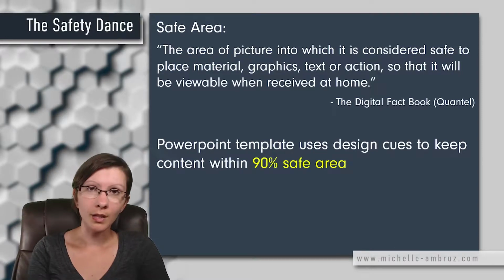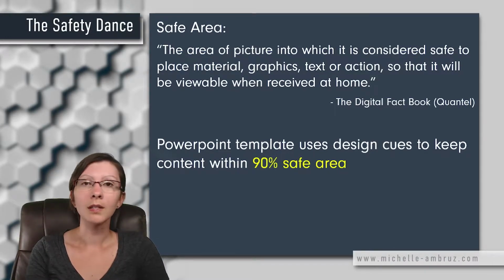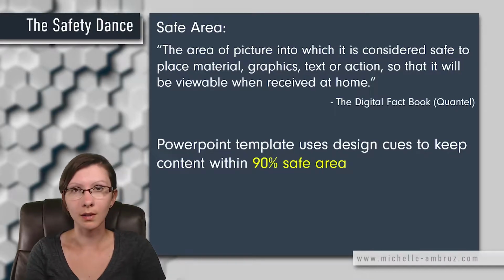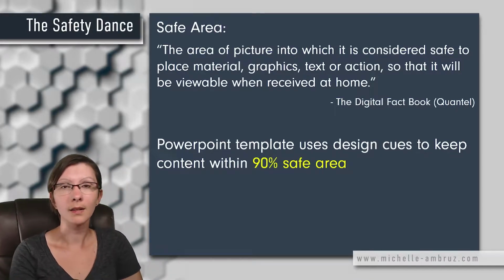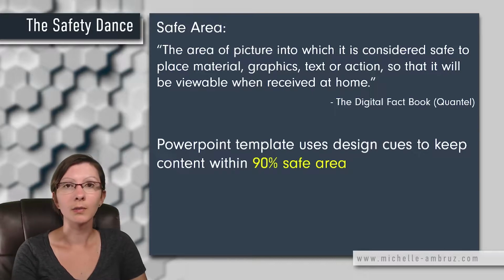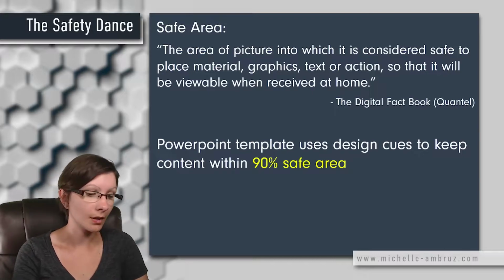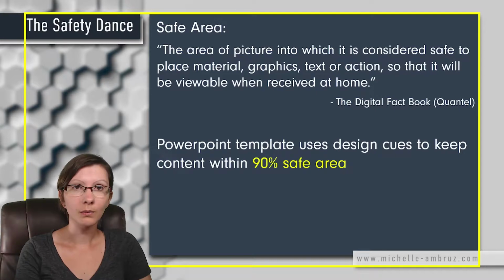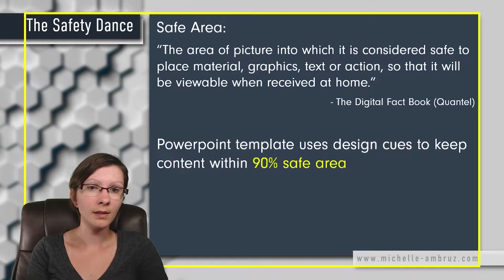So this PowerPoint in particular is designed to signal to you where that 90% area box is and where you need to keep your text in order to be sure that it's not going to get cut off. And that's what this box is. This is the 90%.